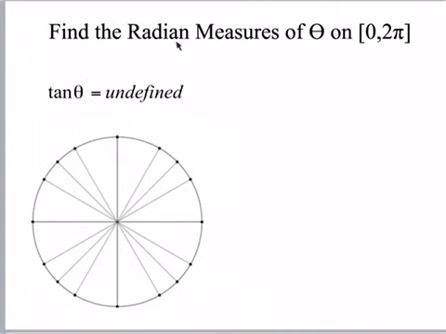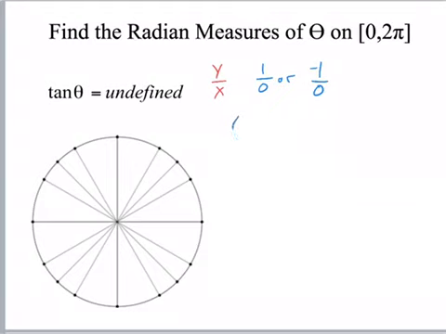So if I want to find the radian measure from 0 to 2 pi where tangent of theta is undefined. Undefined means, again, first of all, tangent is y over x. And if I want undefined, I want either 1 over 0 or negative 1 over 0. Those are the only options with your unit circle where you get an undefined. So where would those be?